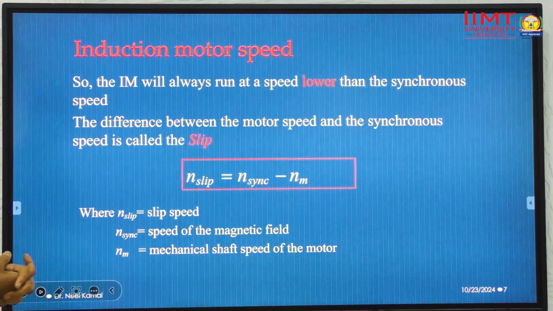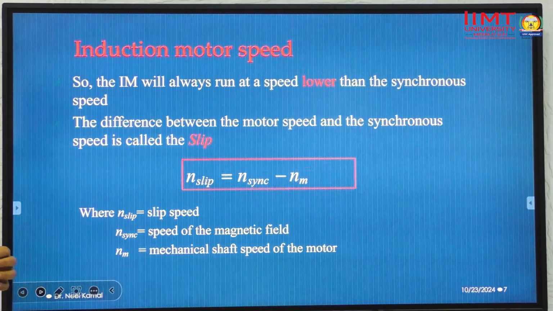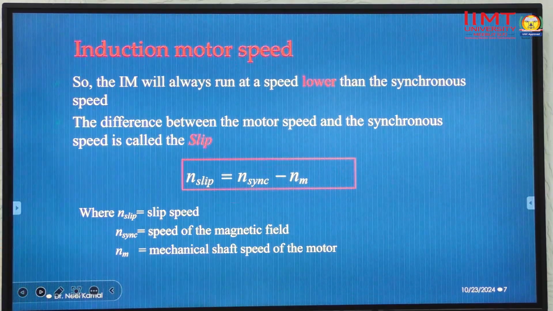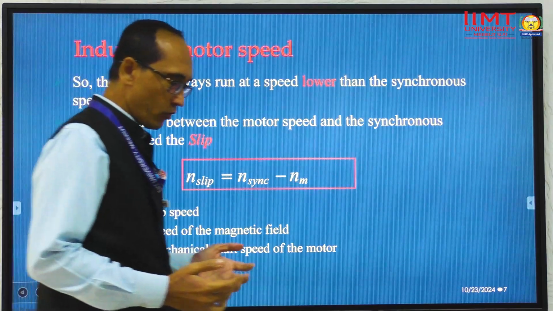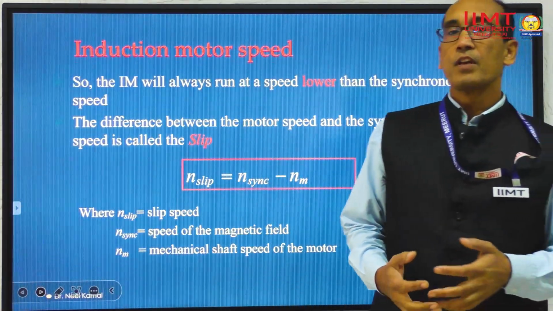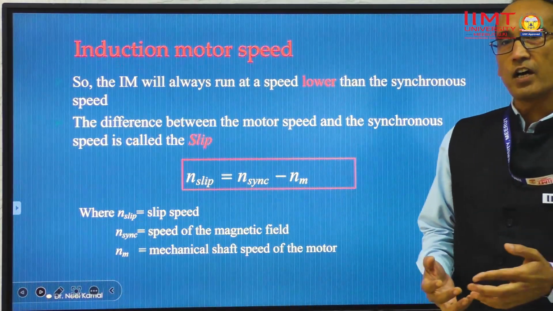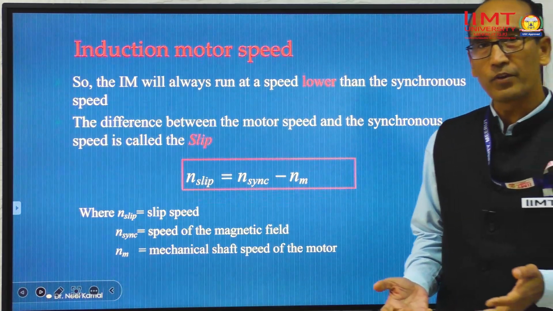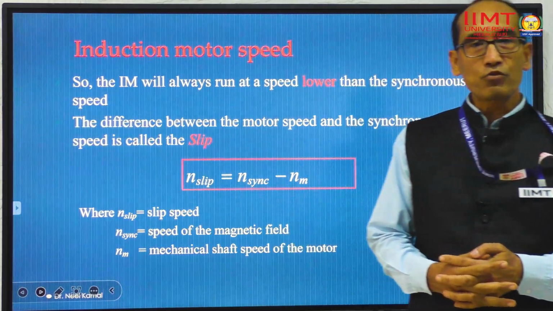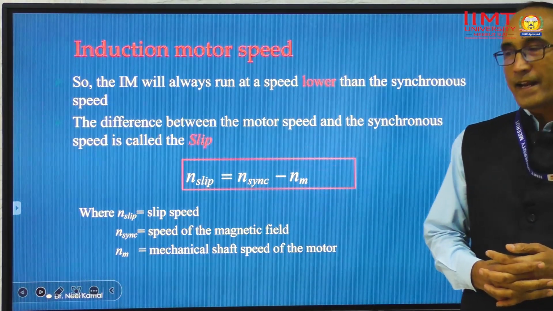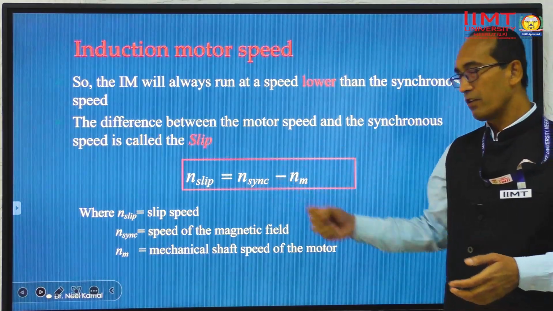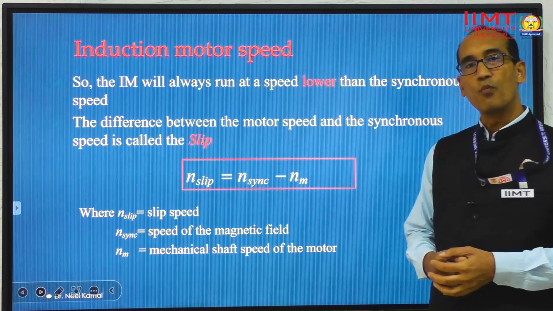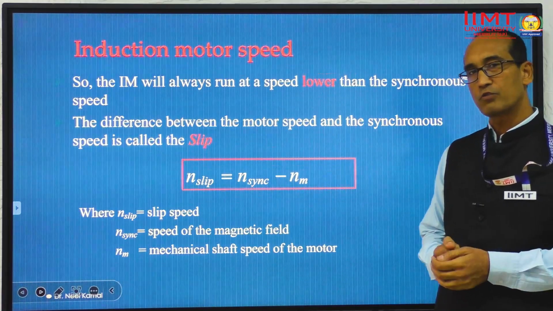So the induction motor always runs with a speed lower than the synchronous speed, and this speed difference is the difference between the synchronous speed, the speed of the rotating magnetic field, and the actual speed of the rotor. Ns is the speed of the rotating magnetic field, and Nm is the speed of the motor or rotor.